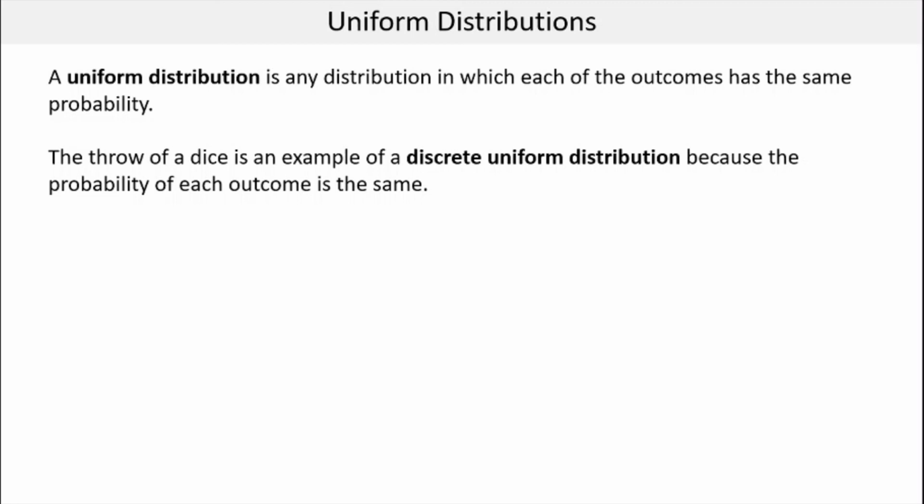Each outcome has the same probability of occurring. This is quite easily seen as a graph. In the table, every value for the probability would be the same. You are sometimes asked to recognize and to refer to a discrete uniform distribution. You notice that the probabilities are uniform across the distribution.